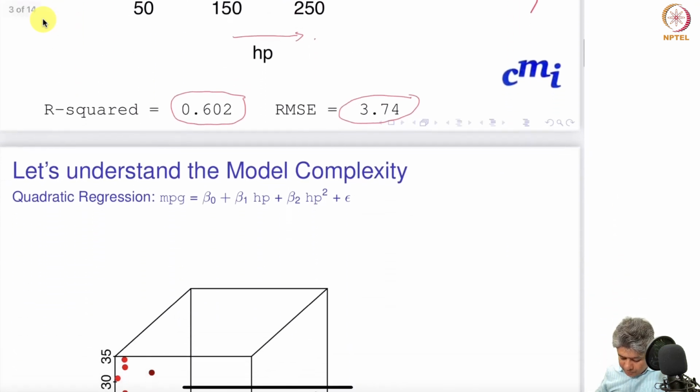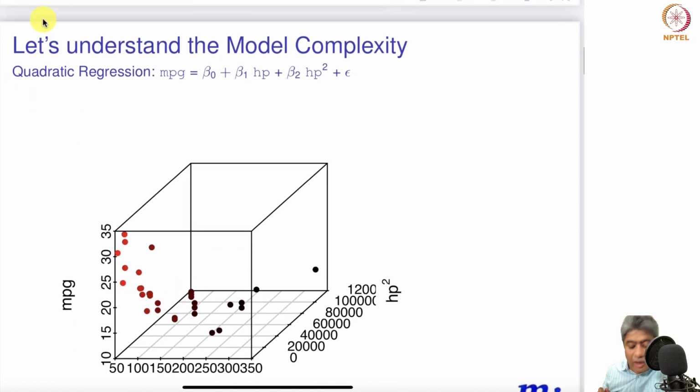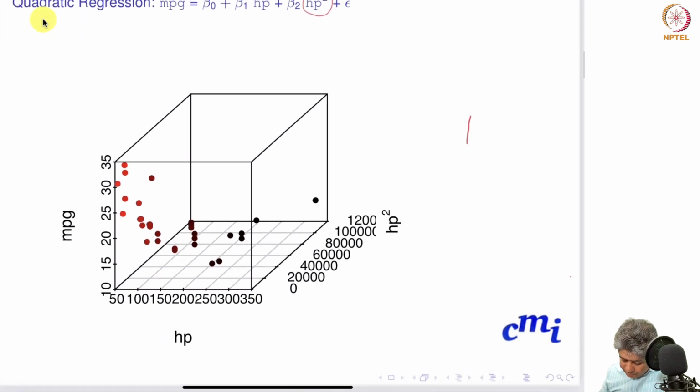Next, we thought, why not try a quadratic function, where we add horsepower square. When we do that, we just put in another engineered feature, horsepower square.